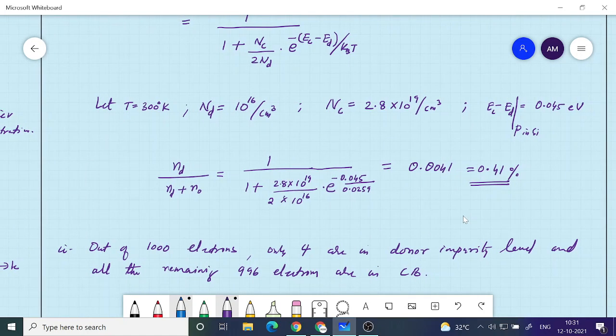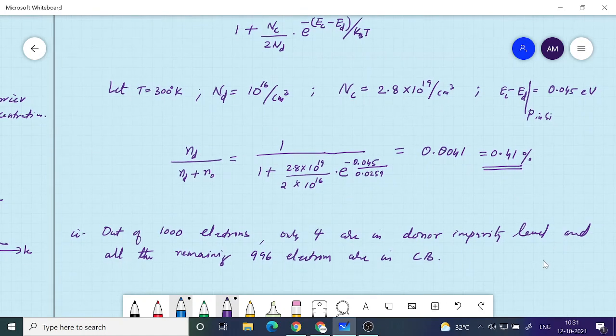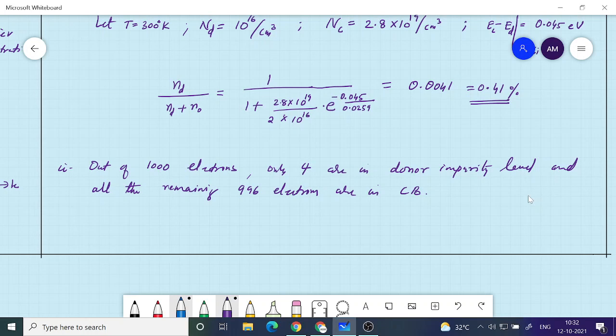This calculation is for room temperature, but if you assume a much lower temperature, then this exponential can be very, very small, and that can challenge the 1000 here. When you multiply that exponential with 1000, it can become very, very small, and then this percentage can be increased. But even at a very cold temperature of a winter, this factor is still going to be very, very small.